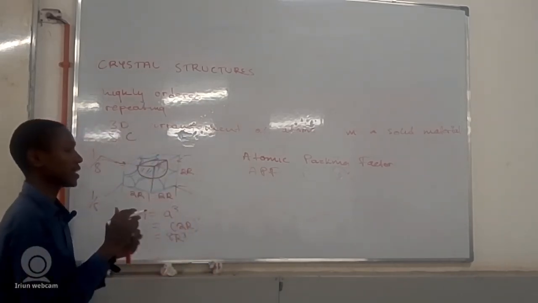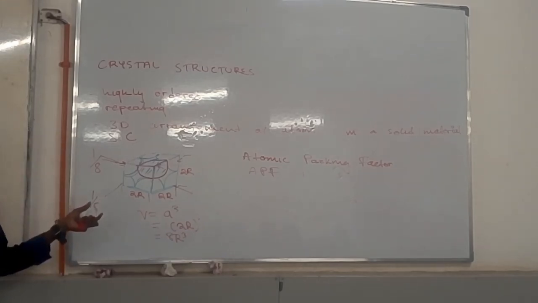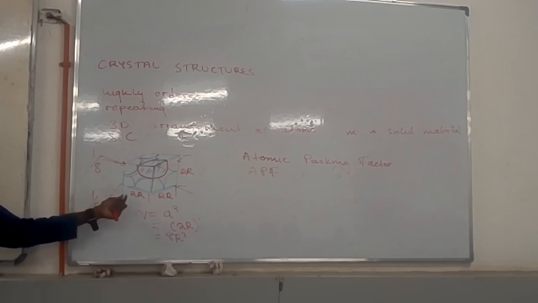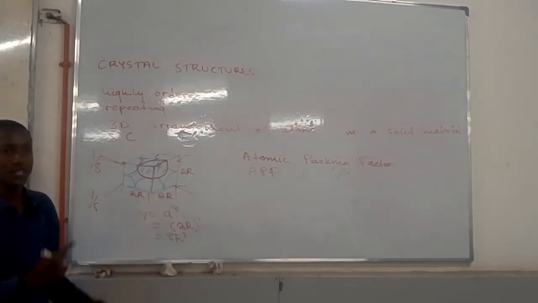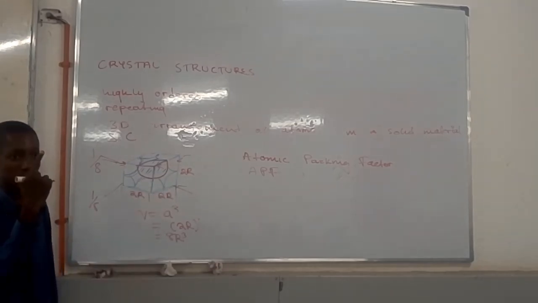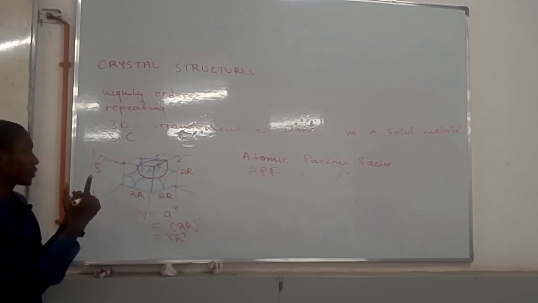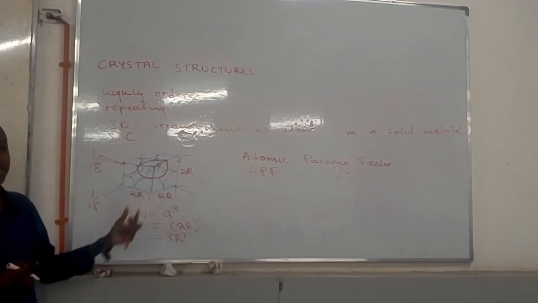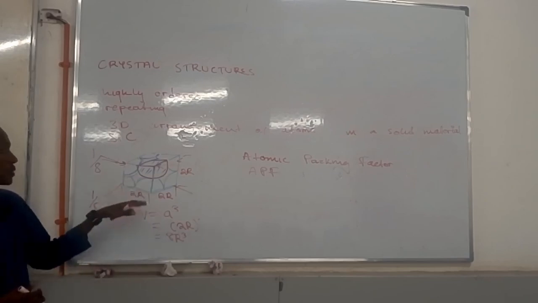And I said that the atomic packing factor is the amount of space that the atoms occupy inside the unit cell. So we have determined that inside this unit cell there is just 1 atom. How much space has that 1 atom taken?